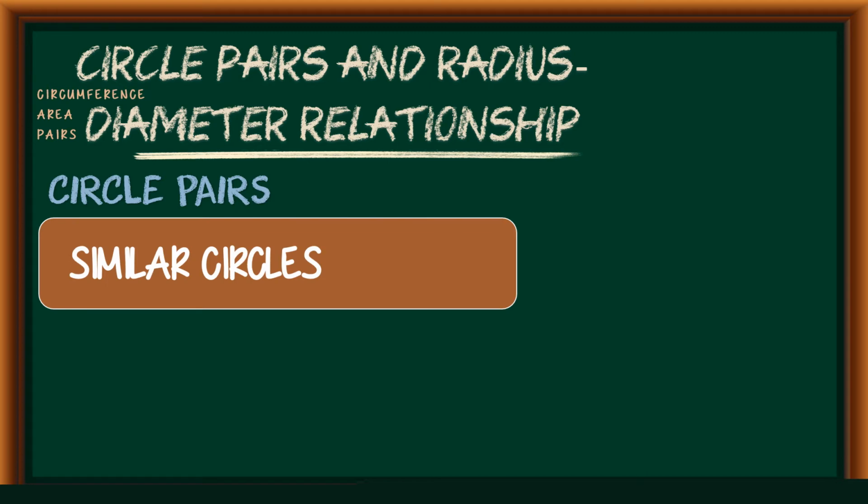Next pair is similar circles. Pag sinabing similar, magkamukha, magkatulad. Magkatulad is different from magkasukat. Okay? Magkamukha lang sila, pero not necessarily magkasukat. And according to this one, all circles are similar. Lahat ng circle ay magkakamukha. Makes sense, right?